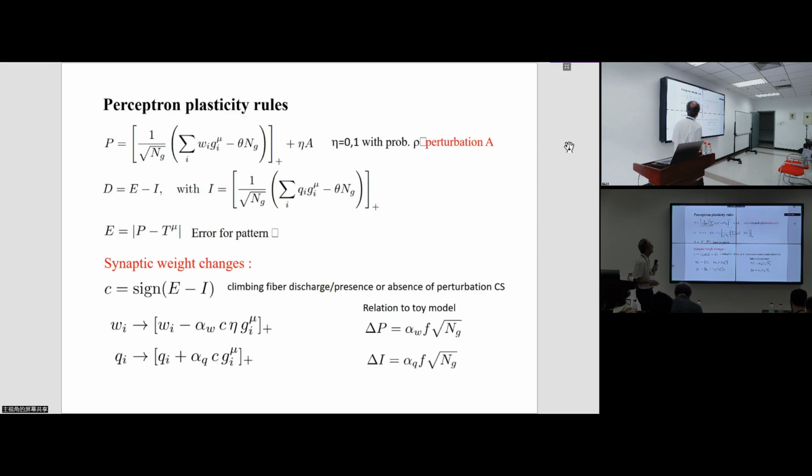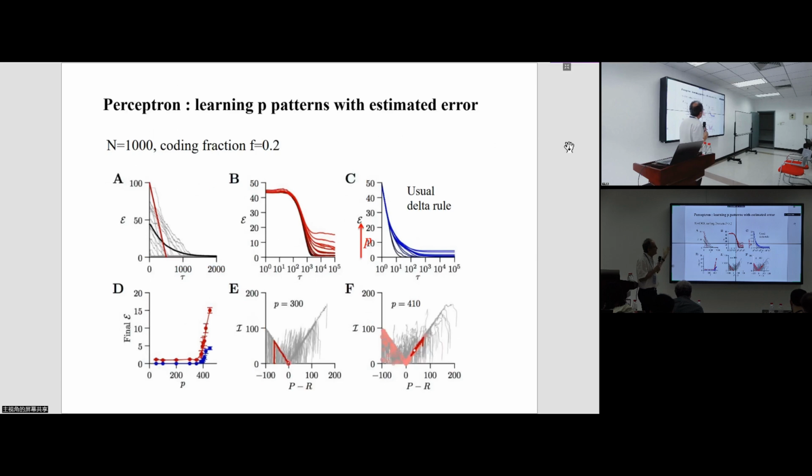Okay, so basically if you do it with a perceptron, you see very similar things, and you can learn up to the maximal capacity of this perceptron with this algorithm.